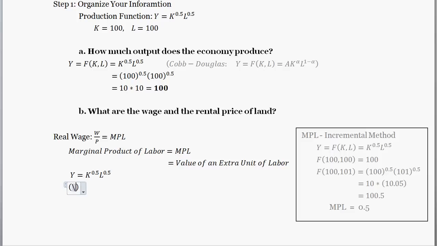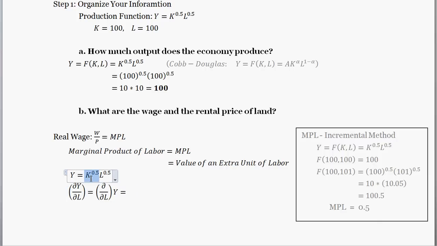We want to know how output changes, so dY, the change in Y, given a change in labor. So we're going to find how output changes given a change in labor. That is equal to this: just taking the first derivative of the production function with respect to labor.